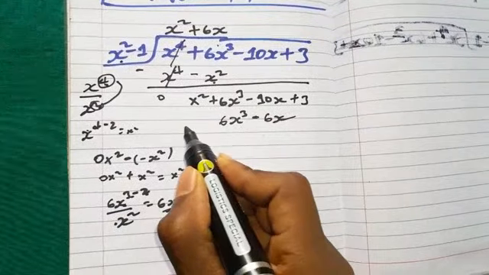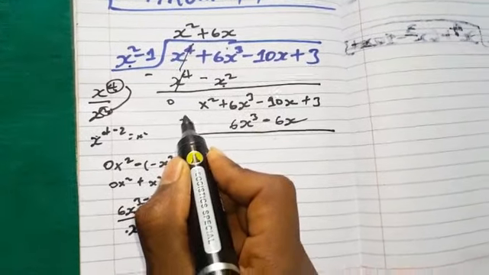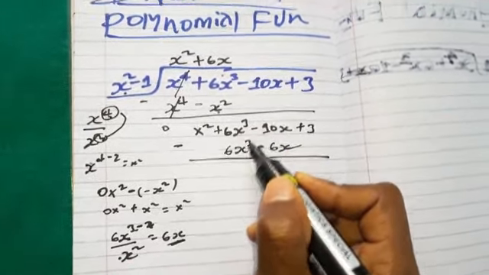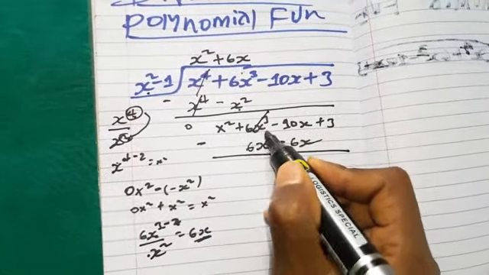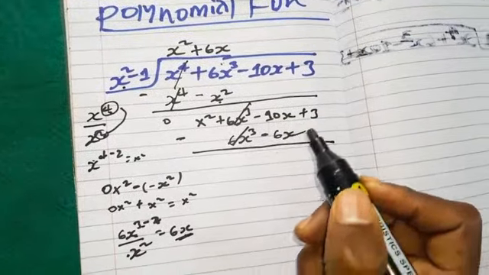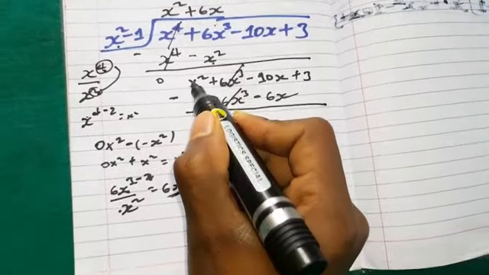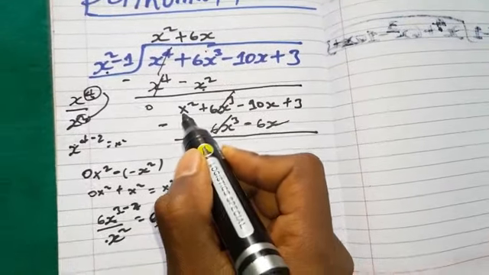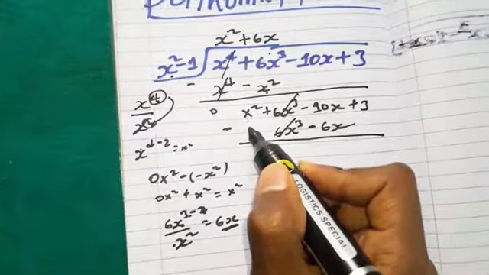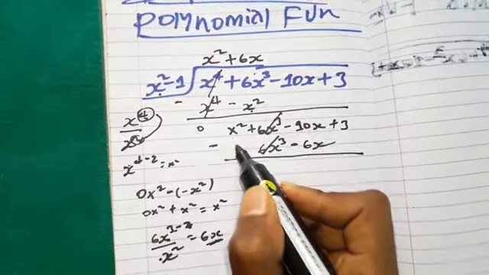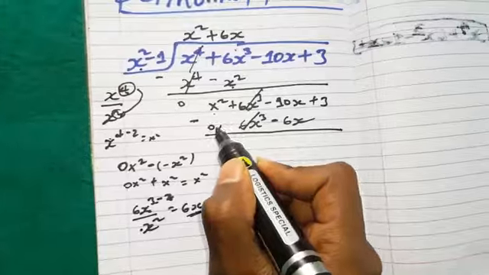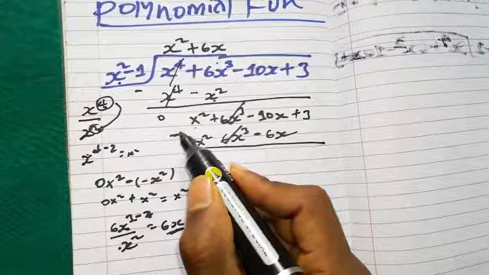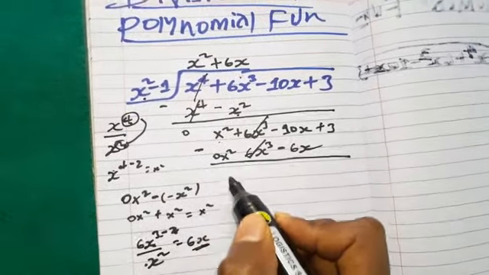Then what we do? Let me subtract: 6x cubed minus 6x cubed becomes 0. Then x squared minus 0x squared, as I told you earlier there is 0x squared in imagination, means x squared only.